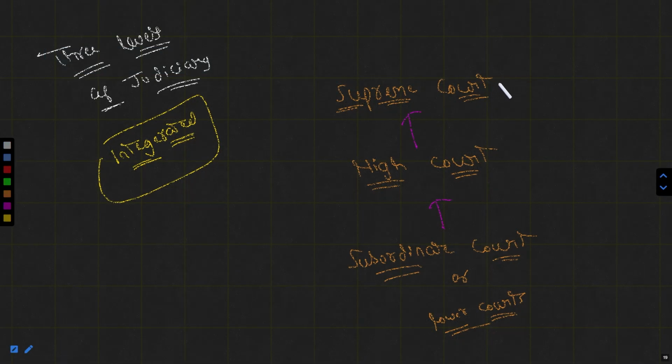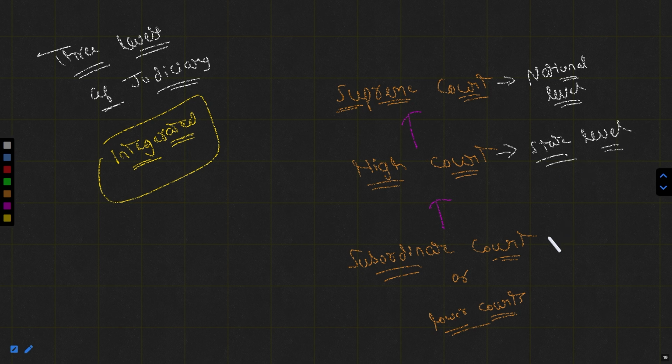So remember, the Supreme Court is at the national level, high courts are at the state level, and the lower courts are at the regional or district level.